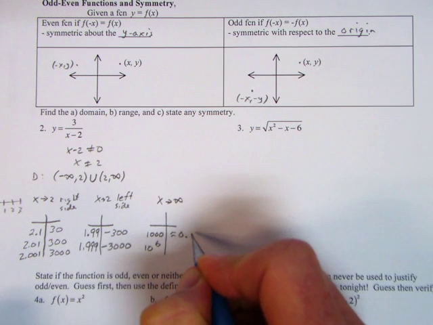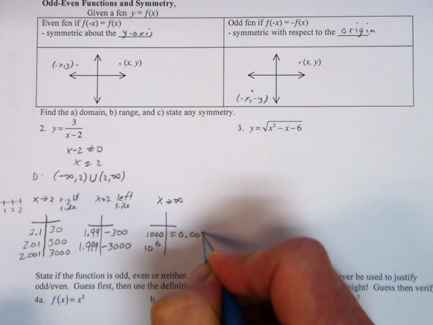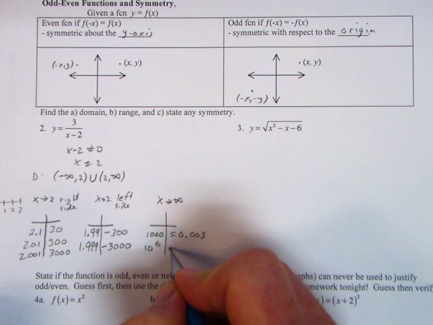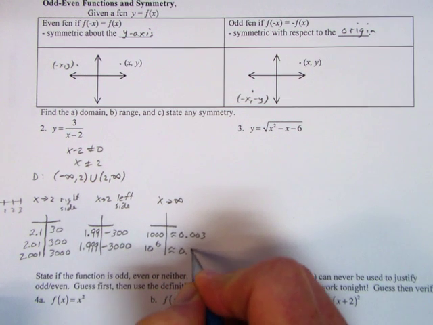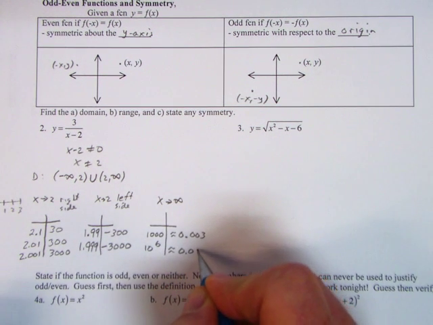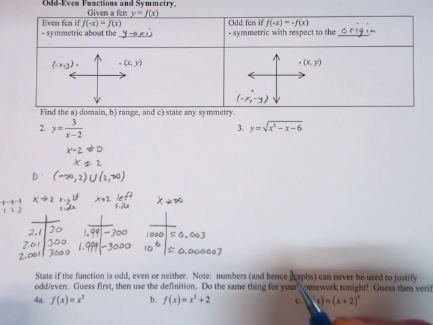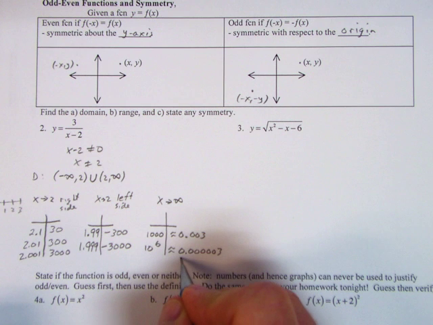This is going to be 0.003 approximately. If you did it on your calculator, you'd have 01 after that. And this is getting closer. They seem to be going towards 0.